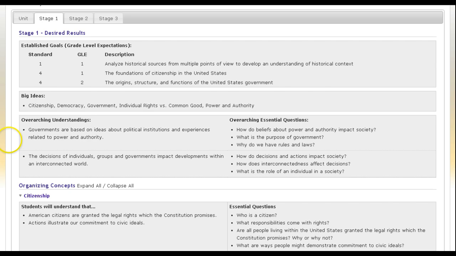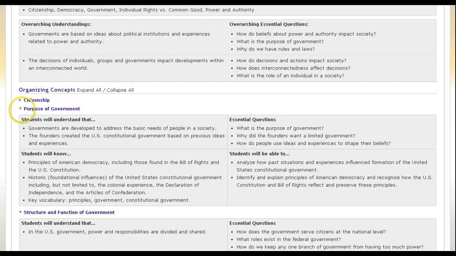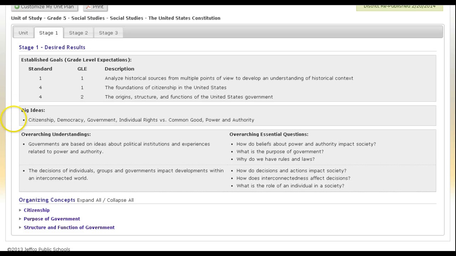Conceptually for the unit, I like to think of concepts that become the language of the discipline. I can find those concepts in two locations. The first place is in big ideas. We're going to see language related to civics concepts: citizenship, democracy, government, individual rights versus common good, power and authority.